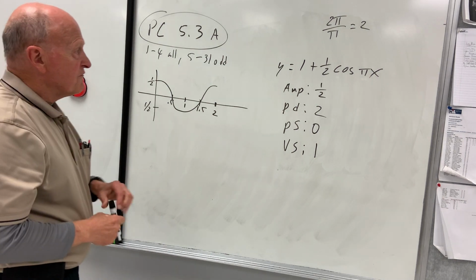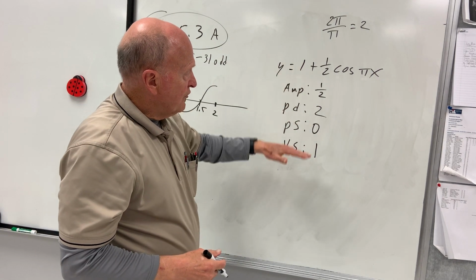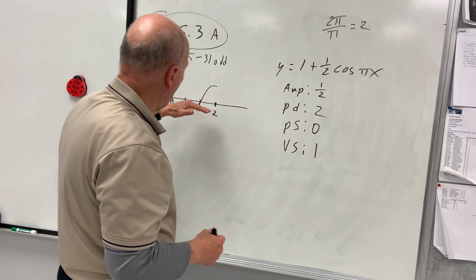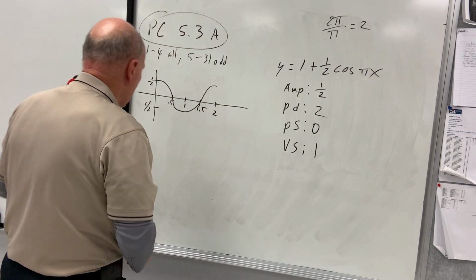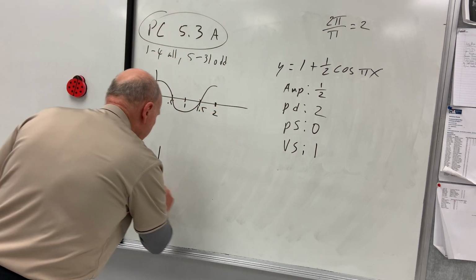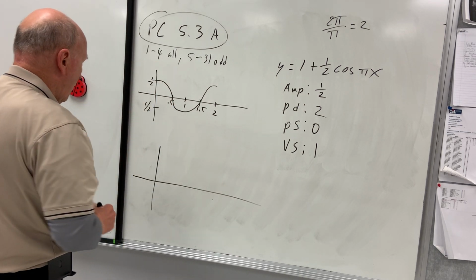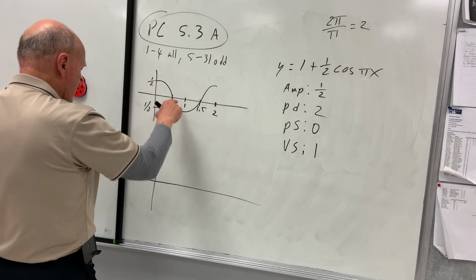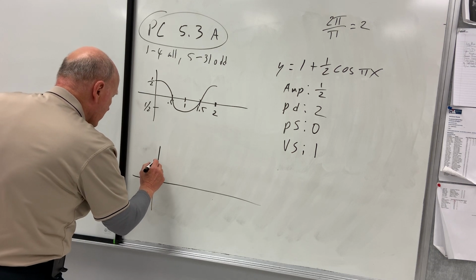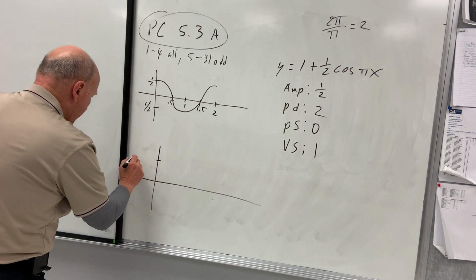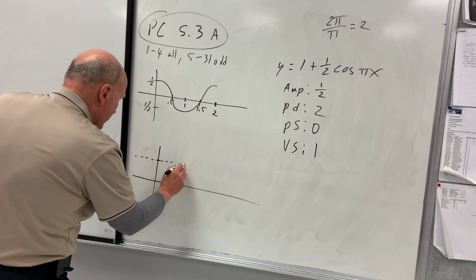The only thing left now is our vertical shift, which means we're going to move everything up 1. We're going to take this and pick it up and move it up 1. Do we have to do this? Well, no, you don't, but I think you'll be better off if you do.